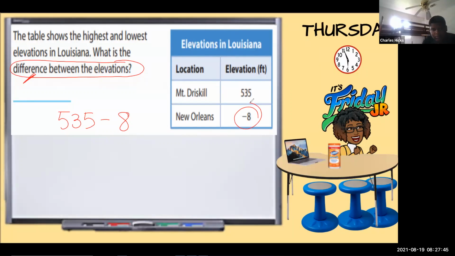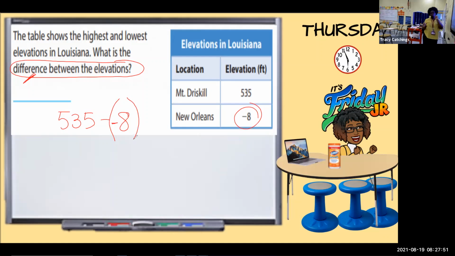So we would have 535 with a subtraction sign, but then we got a negative 8. So now that would take us back to what we looked at at the beginning of this week with subtraction. Keep the first number, change that subtraction sign to an addition sign, and then that second number is going to become the opposite. So if we follow that procedure, what would be our next expression?